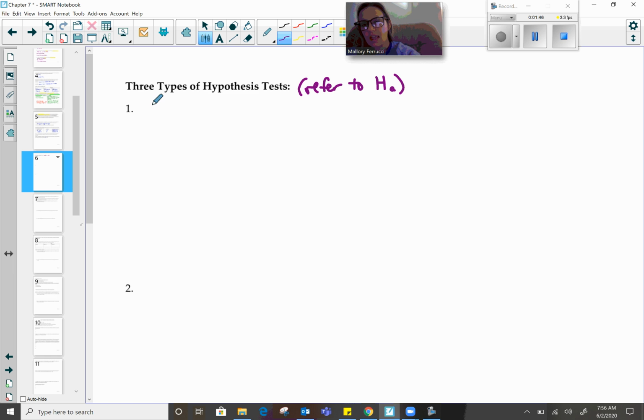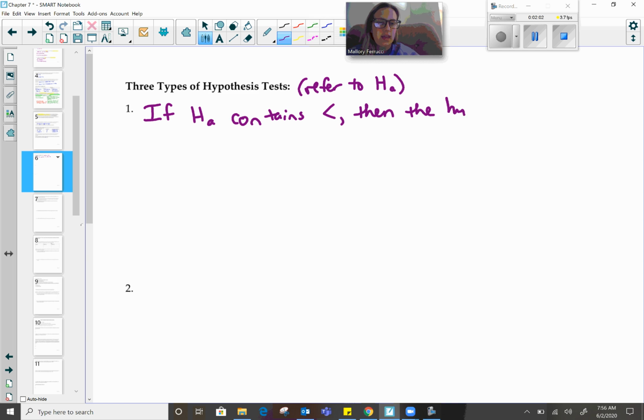So if the alternative hypothesis contains a less than symbol, then the hypothesis test is a left-tailed test.